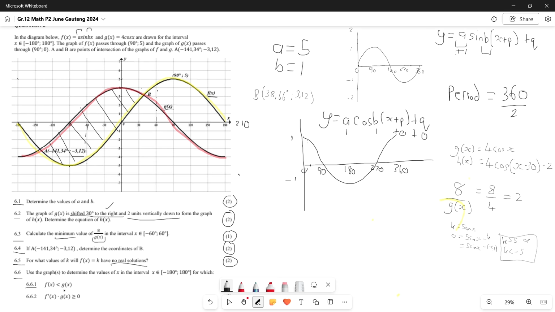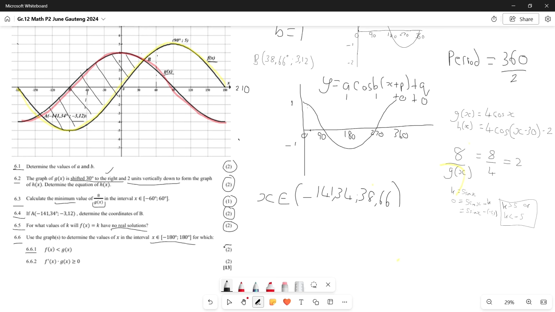But what we want is where the g of x, the red line, is above the f of x, the yellow line, which means that it is just in the range over here in terms of x, where x is an element of, not including, because there's no line underneath here, minus 141,34, and the other point of intersection over here at B, which we calculated earlier, of 38,66, and also not included because there's no equal to sign underneath our inequality, which means we just earned 2 marks over there.